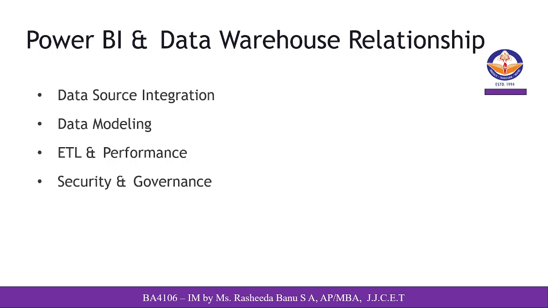So second one is data modeling. Data from warehouses is typically pre-modeled and then Power BI builds a semantic model, for example, hierarchies and relationships. Third one is ETL and performance. ETL is extract, transform, load. Work is usually done in the warehouse. This reduces Power BI load times and improves performance and also scalability.